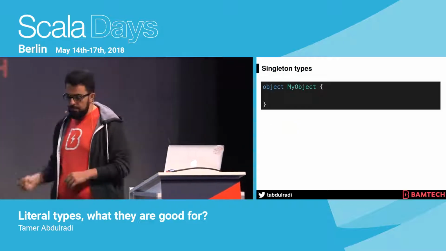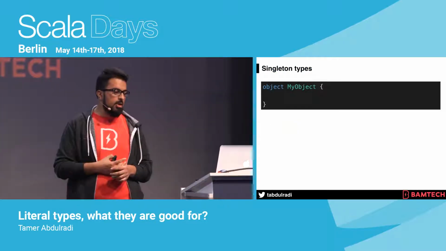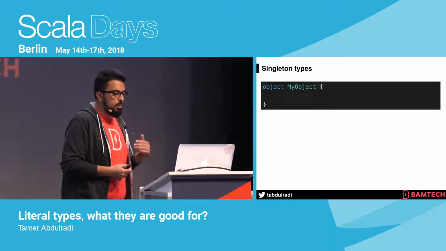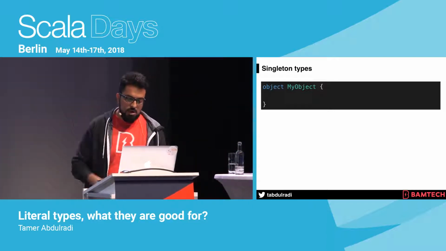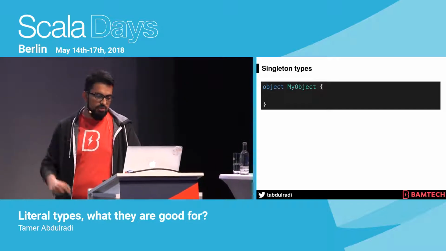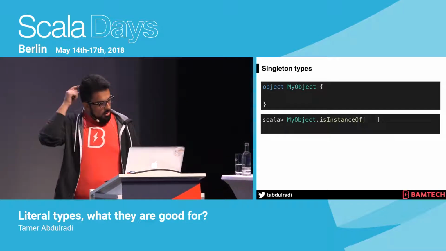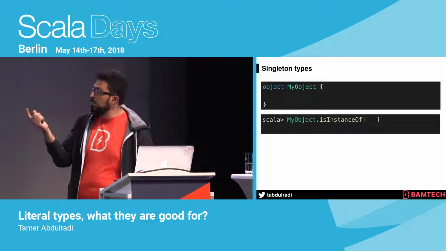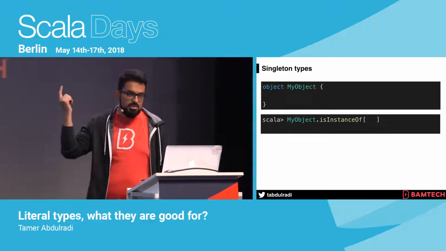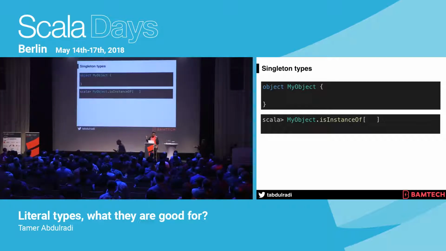All right, so let's first talk about singleton types. They exist almost in any Scala code base. For example, consider this object definition. What would be the type of this object? There's no extends syntax or anything here.